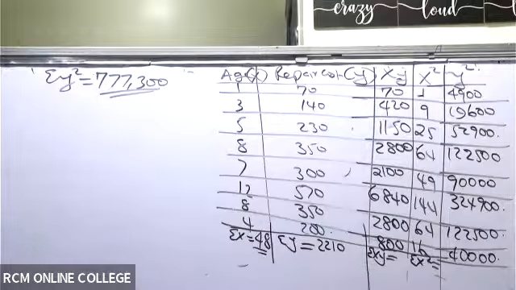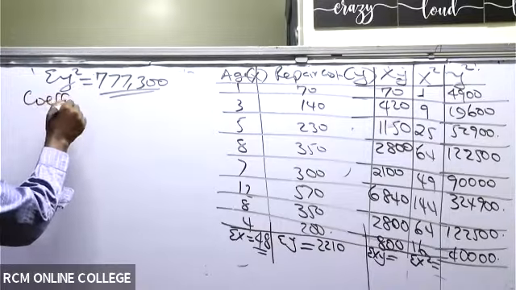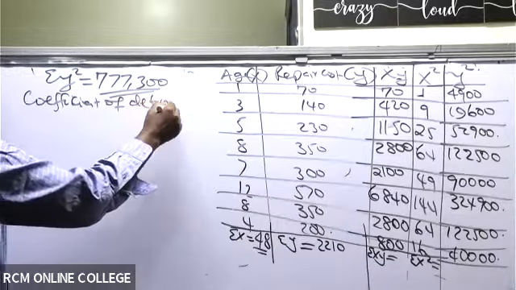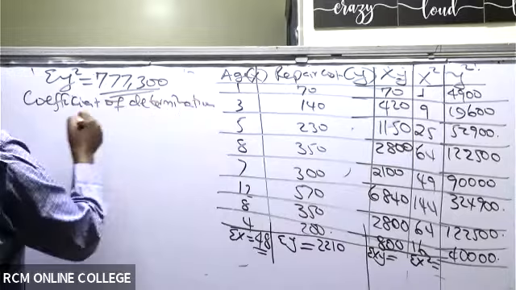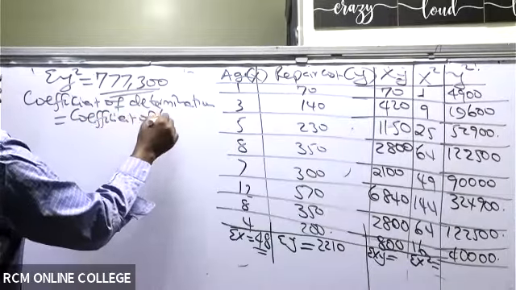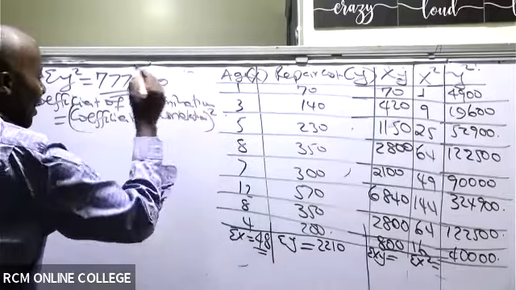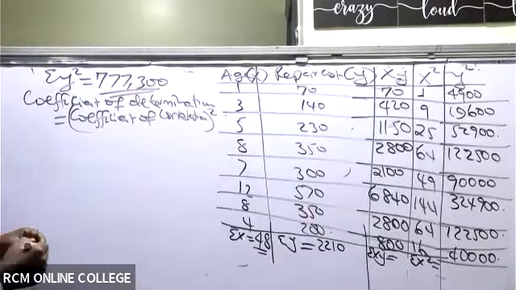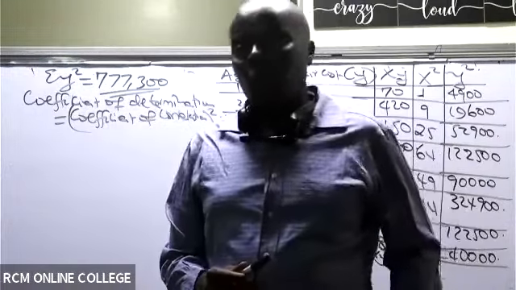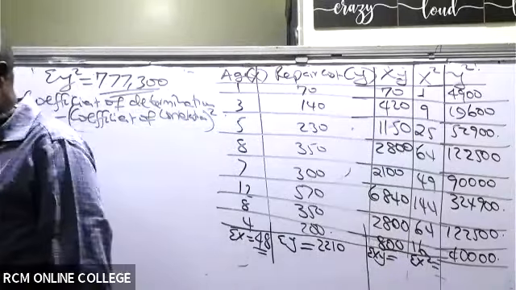So now remember the easiest way of getting coefficient of determination: coefficient of determination equals coefficient of correlation squared.